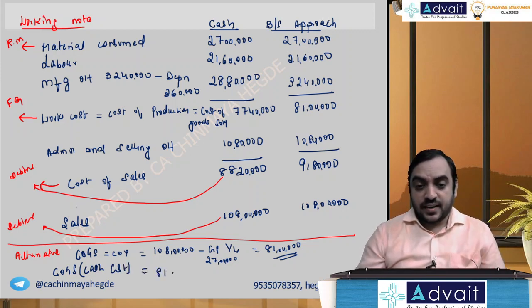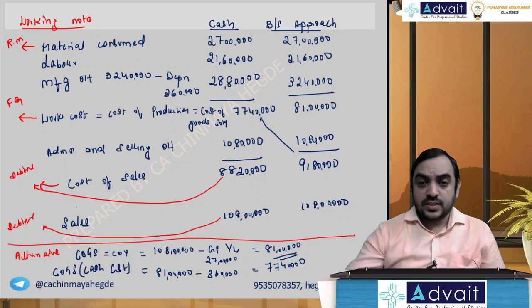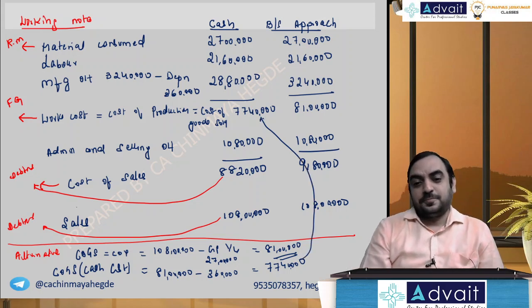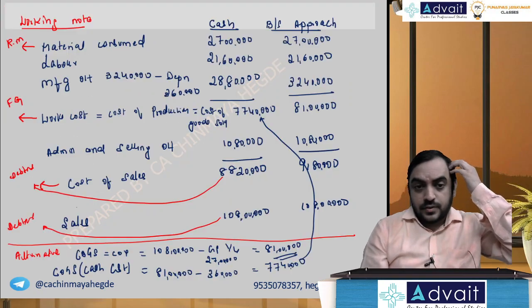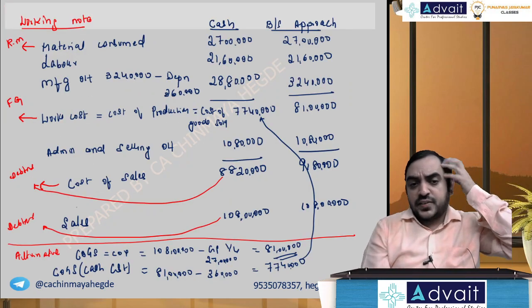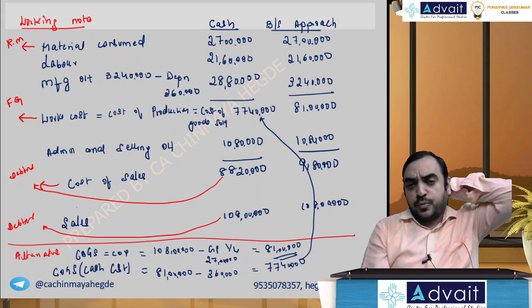So from 81 lakh, you subtract depreciation of 3,60,000, you get 77 lakh 40,000, which is perfectly matching with this answer. And then of course, you can add admin and selling, you get cost of sales, same process you follow.